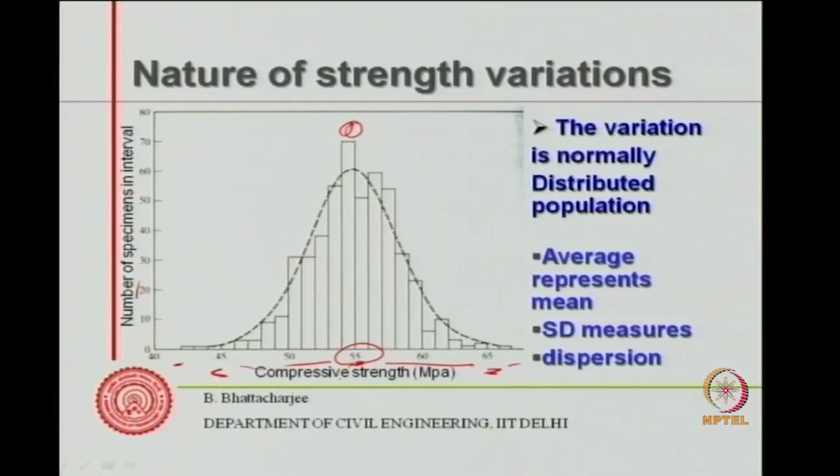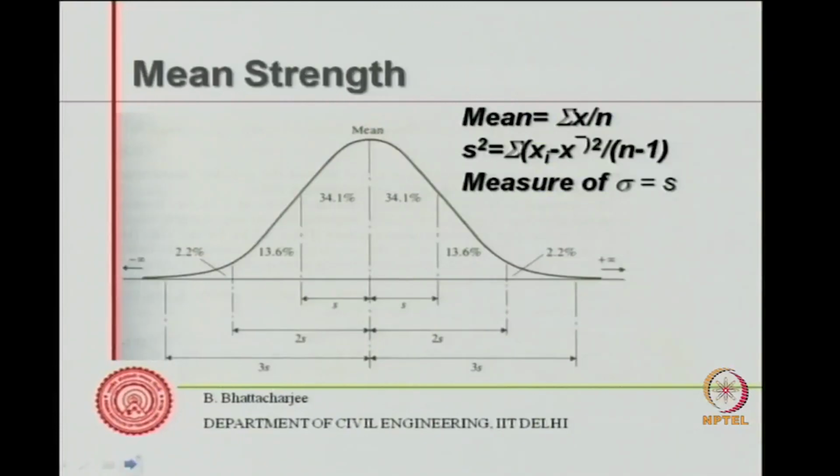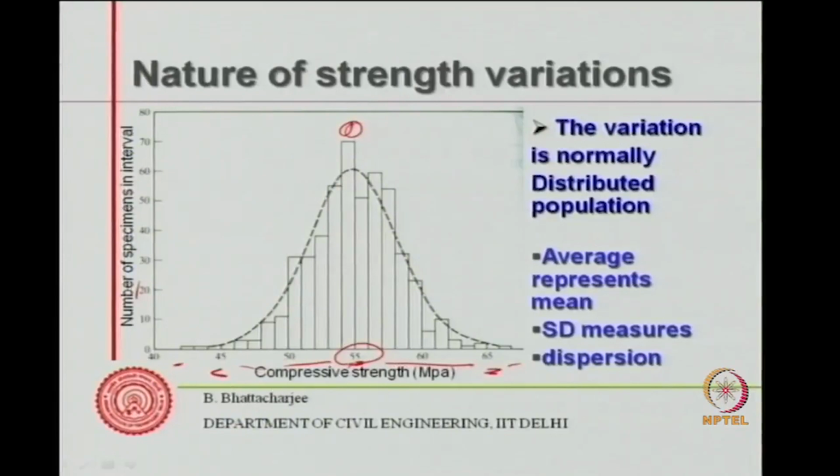If you recall, and this also comes from statistics, if I consider the whole area under this curve to be 1, then 50% of the curve is on this side, and 50% is on this side. In other words, 50% of the results will be above this mean, which is the average, and 50% of the results will be below the mean.